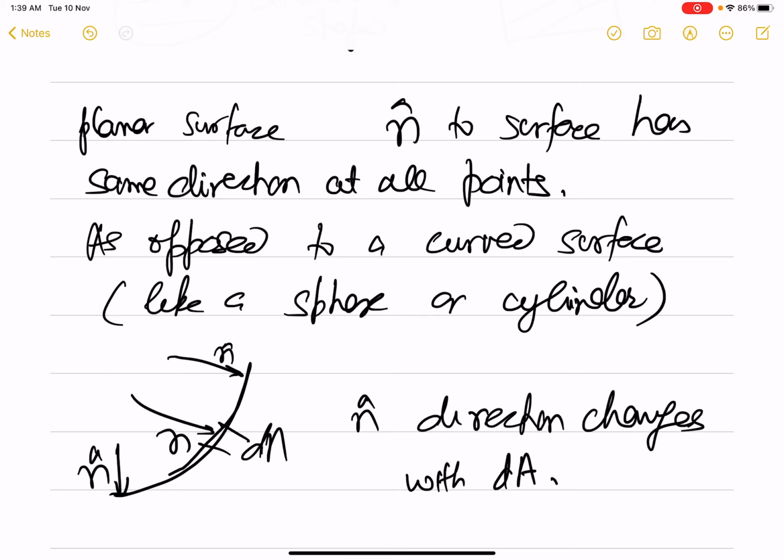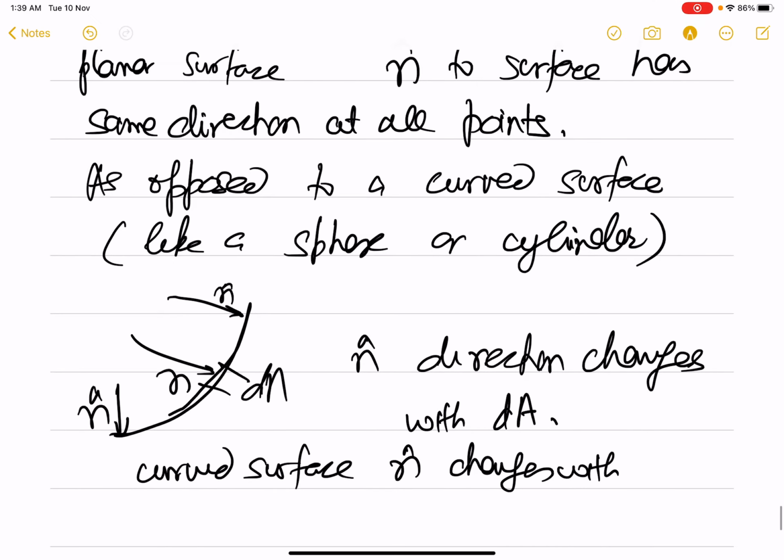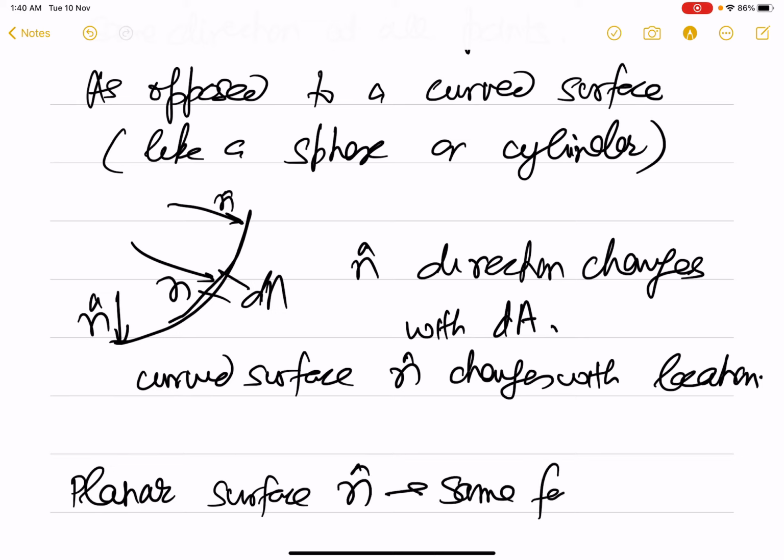So on a curved surface, n changes with location. But on a planar surface, n is the same for all dA.